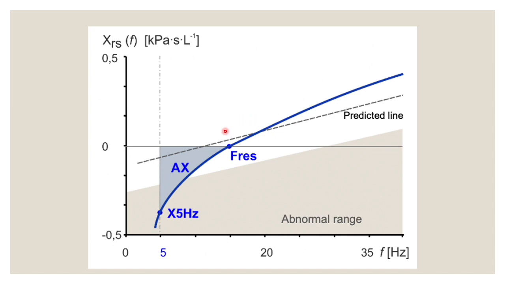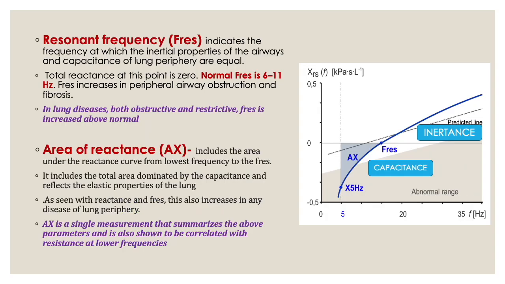We first start with what is the resonant frequency. Normally, when you are giving a frequency, there are two properties of the airways and the lungs that cause a hampering of the impulse wave. One is called the inertance of the airway, and the other is called the capacitance of the airway.